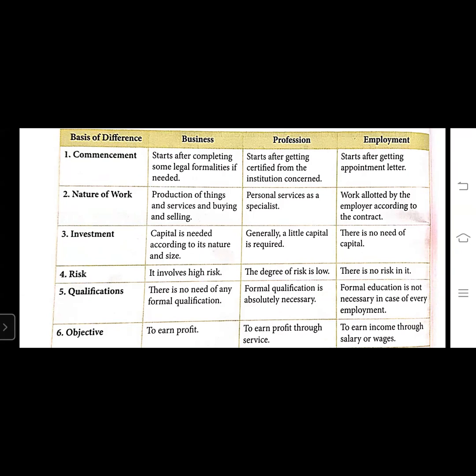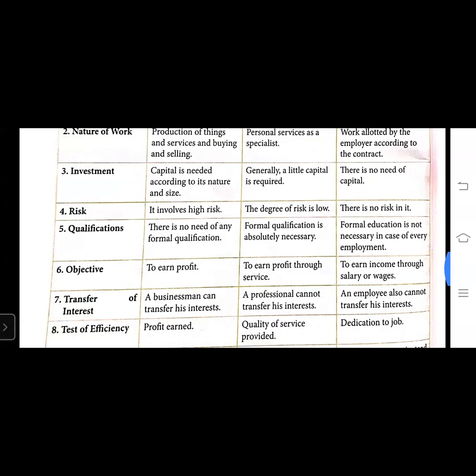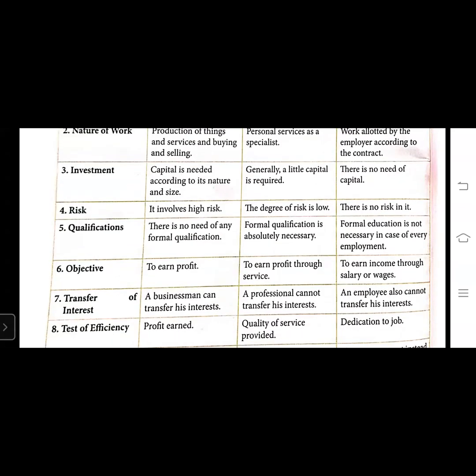In profession, formal qualification is absolutely necessary. And in employment, formal education is not necessary in every case. In some fields there is a requirement, like teaching, but some areas do not require it.